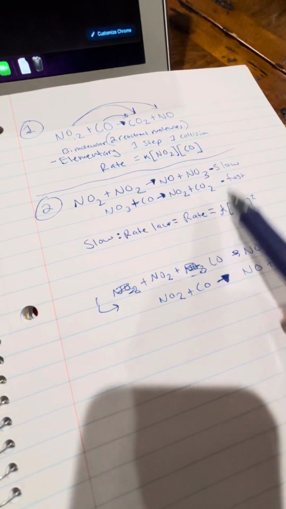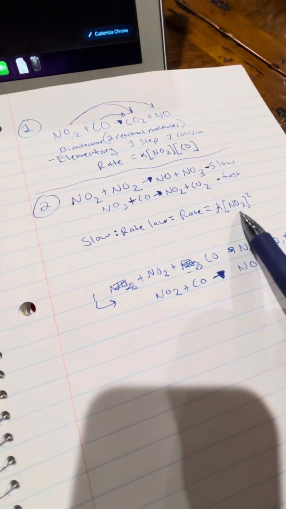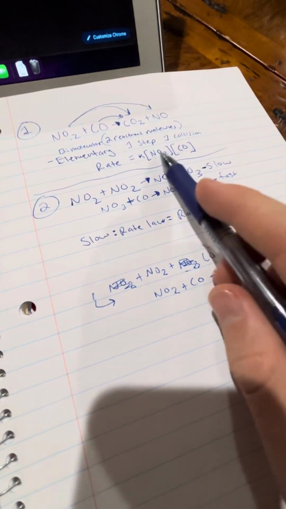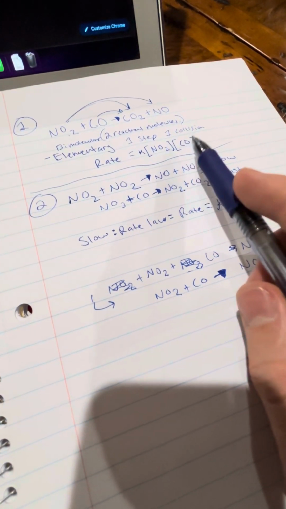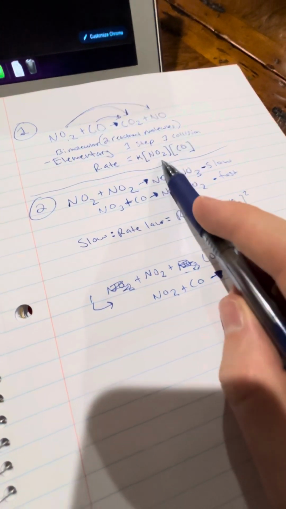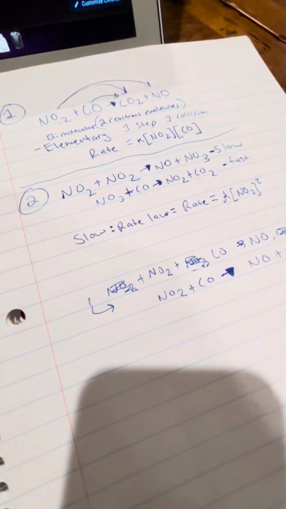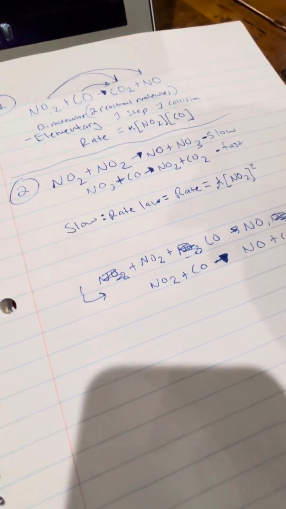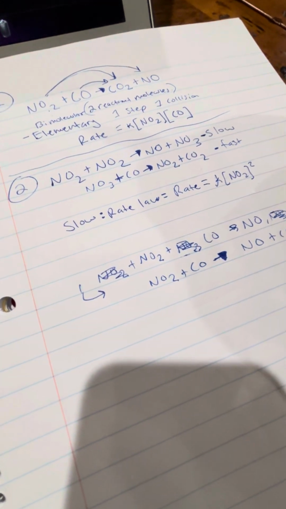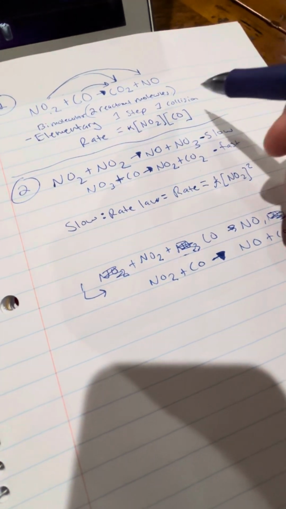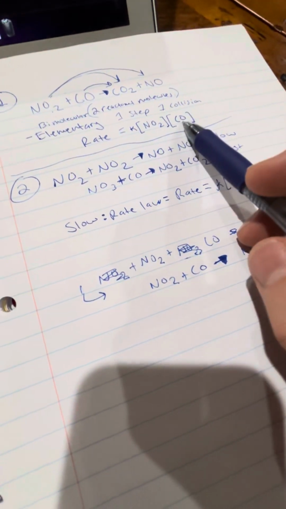If this increased and this stayed the same, we would know whether or not it had an impact on the reaction, or on the rate, I guess, then we would know that it's whichever one it was.